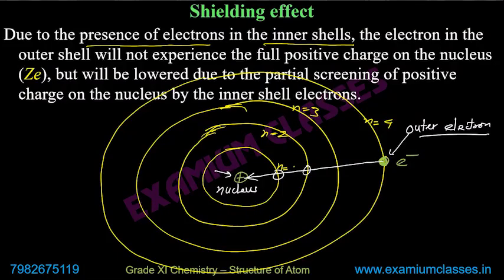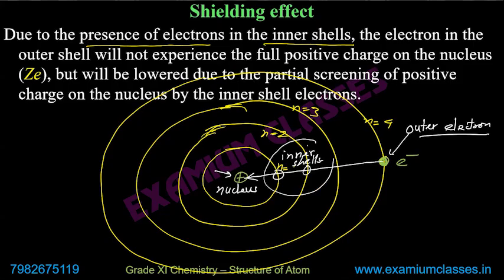Outermost shell. So the inner shells, these are inner shells, electrons in inner shells. So these obstruct the force of attraction between nucleus and outermost electron. And hence, the force of attraction between the nucleus and outermost electron decreases. It is not as it would have been without the electrons, intermediate electrons.